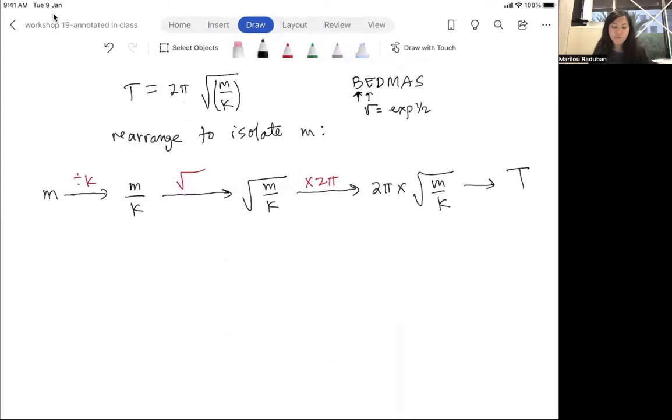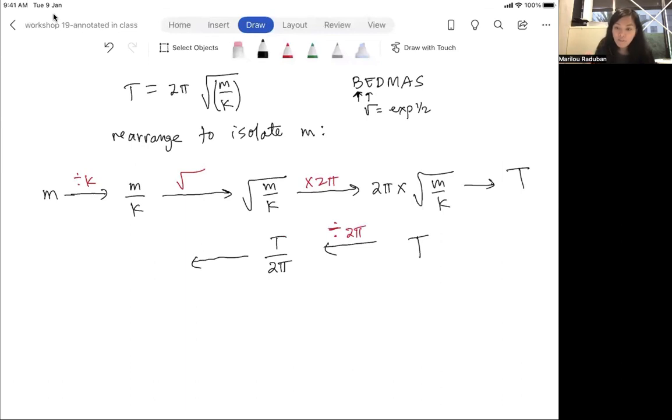We now do the reverse operations, starting with period. The last thing you did was to multiply by 2 pi, so you have to divide period by 2 pi. So you have period divided by 2 pi. And then you undo the square root.